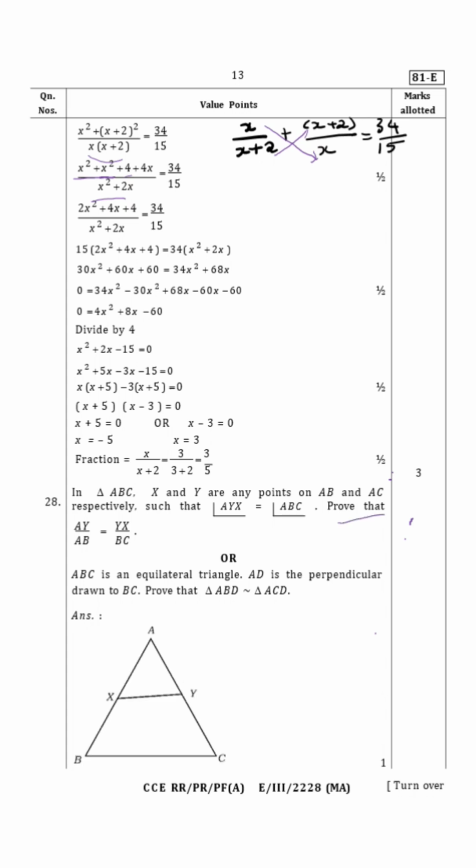Now let us have triangle ABC. Here XY is drawn. X and Y are any two points on AB and AC. Angle AYX, this one, is equal to angle ABC. Now we have to prove that AY by AB is equal to YX by BC.